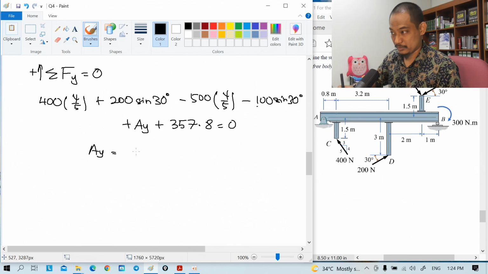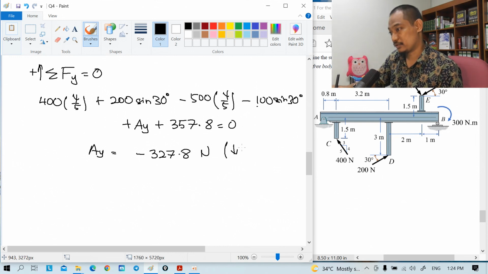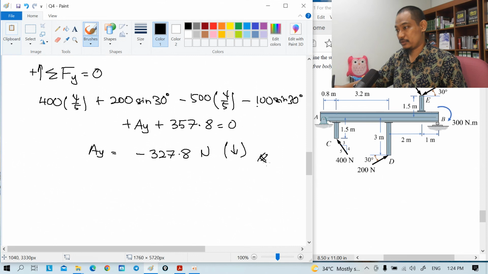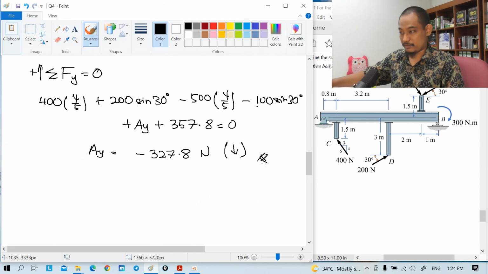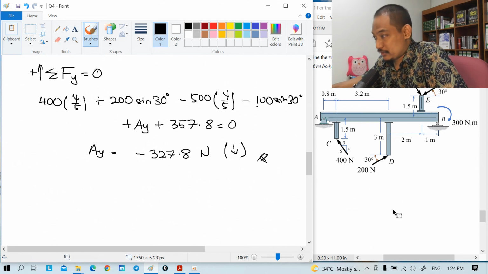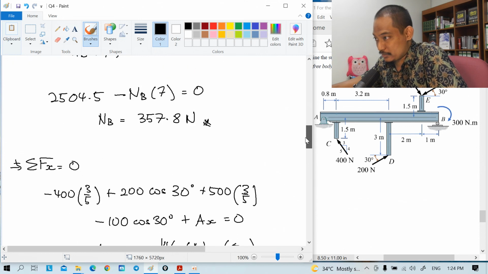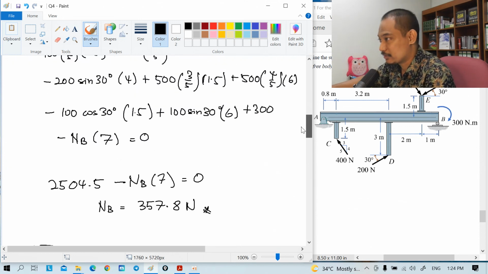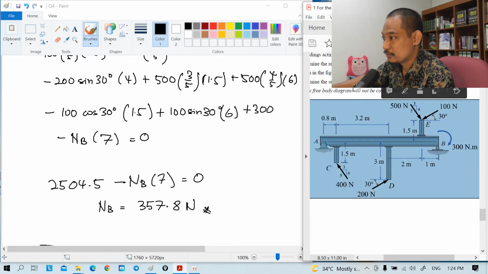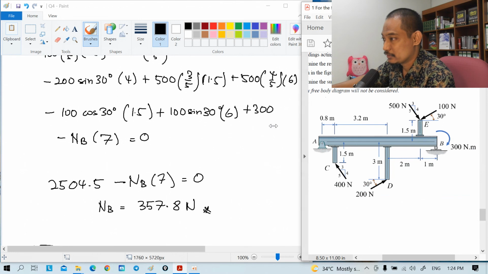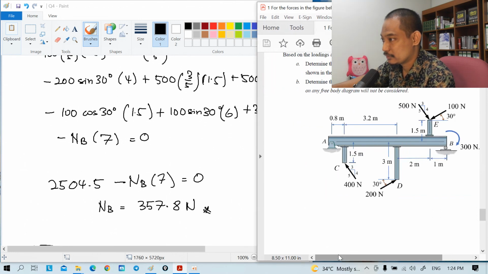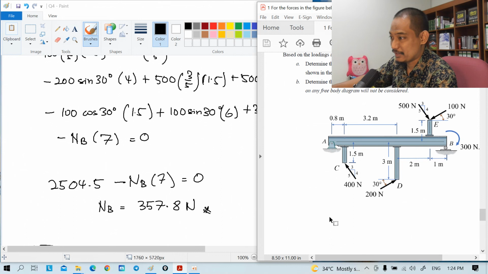So it becomes minus 327.8 Newton, meaning it is downwards. So that is the end, right? What do we have here? Because it asks for support action at A and B.